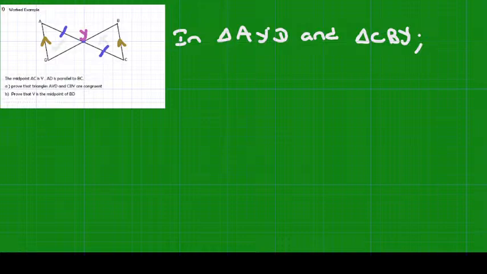Can we use SSS? No, right? There's only one pair of sides that we know as equal. Nothing about the rest of the sides. So SSS will not work.